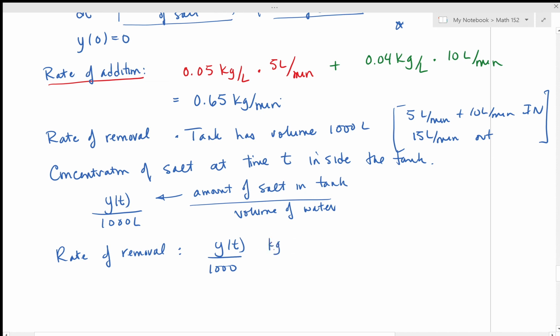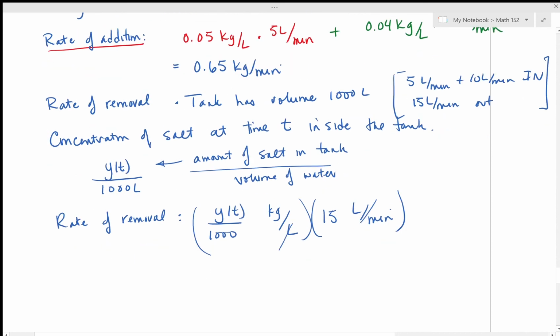This is kilograms, the amount of salt, over the volume of the tank in liters, and then I'm multiplying that by 15 liters per minute. Now I'm getting the rate of removal of salt from the tank. Liters cancels with liters, and I find that this is equal to 3y of t divided by 200 kilograms per minute. So that's my rate of removal.